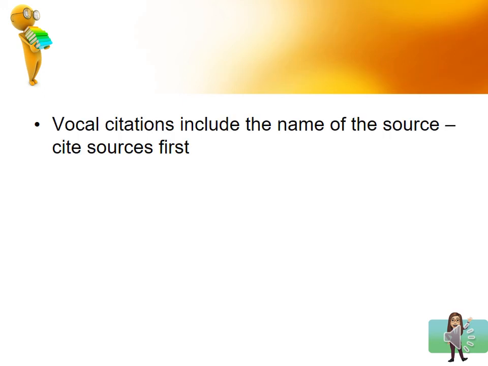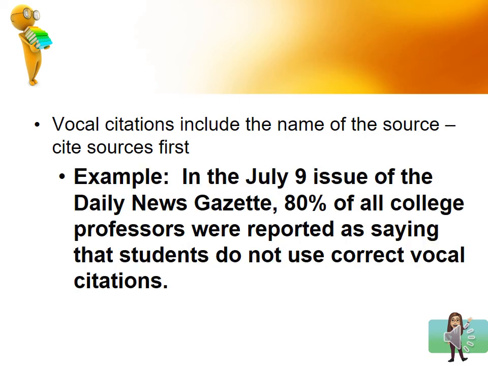Vocal citations include the name of the source, so you have to cite the source first. For example, in the July 9 issue of the Daily News Gazette, 80% of all college professors were reported as saying that students do not use correct vocal citations. Okay, so for every statistic we have to use vocal citations.